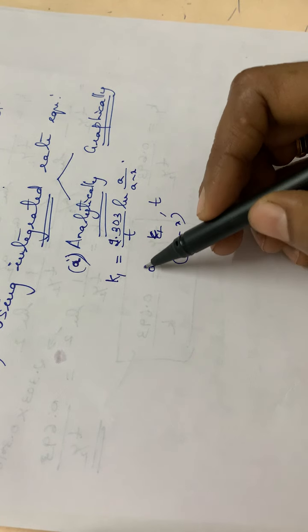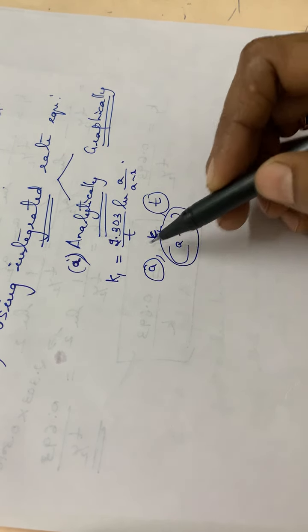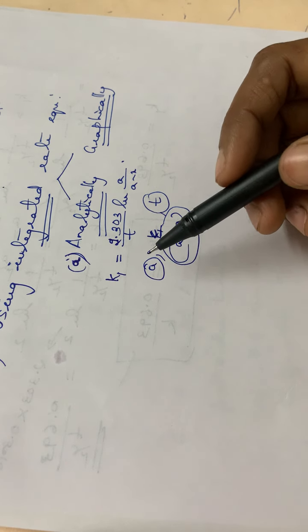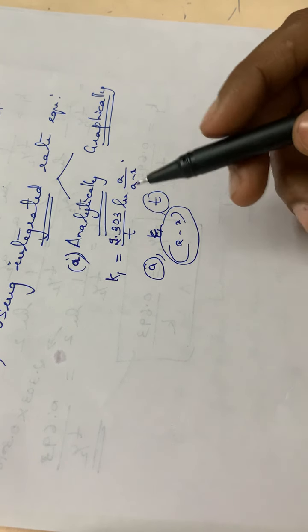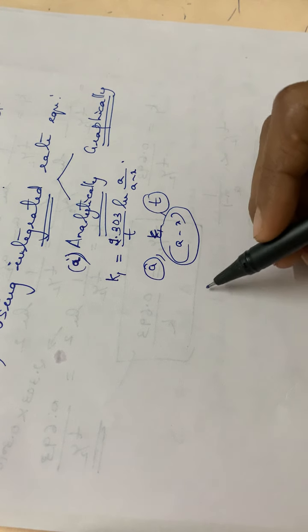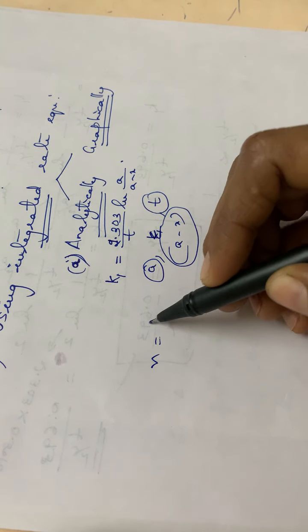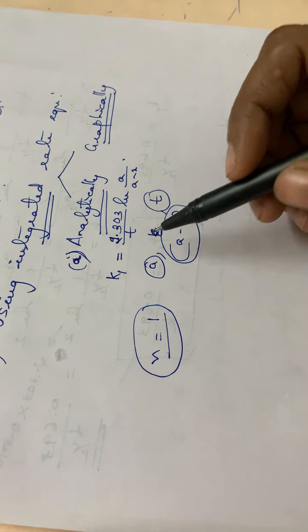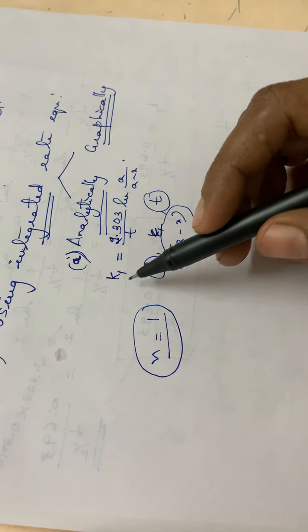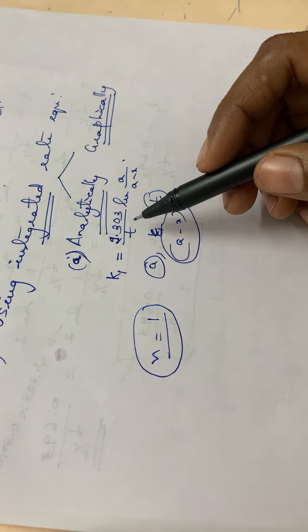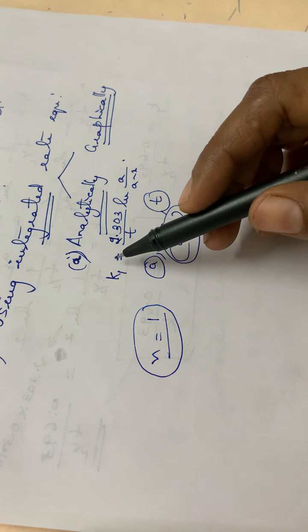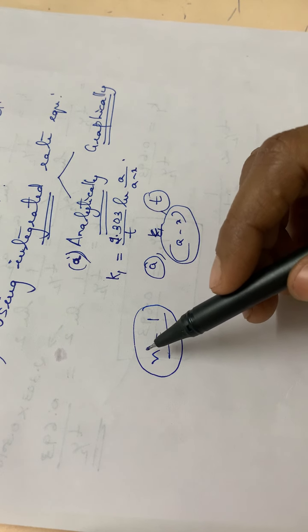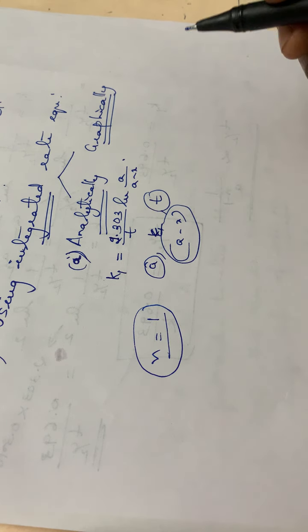By substituting the values of a, t and a minus x, we will get the rate constant. And by calculating the rate constants at different time intervals, we can know the order of that particular reaction. We had done the problems also, where you calculated so many values for k1 at different intervals of time. If we are getting the k1 value constant, then we can say that the reaction is of the first order.